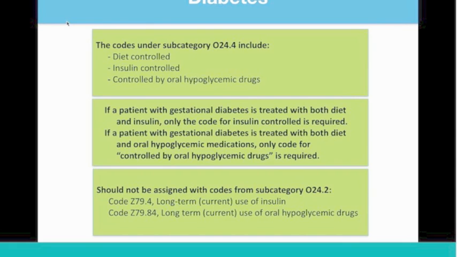If a patient is treated with both diet and oral hypoglycemic medications, only code for controlled by oral hypoglycemic drugs is required. So you don't need to use both diet and hypoglycemic meds. Only code for controlled by oral hypoglycemic drugs.